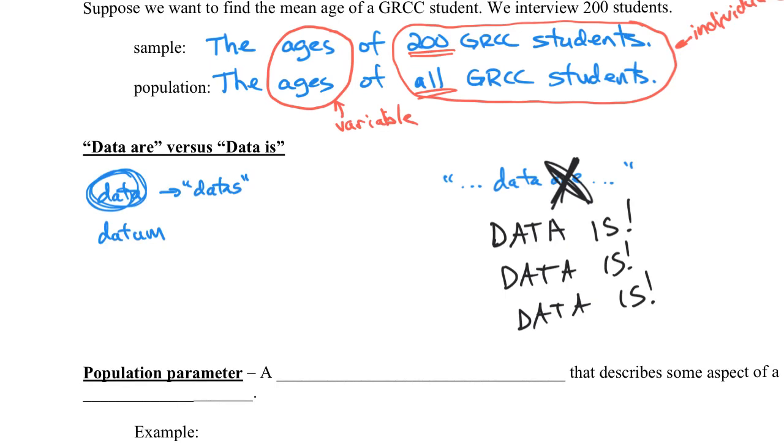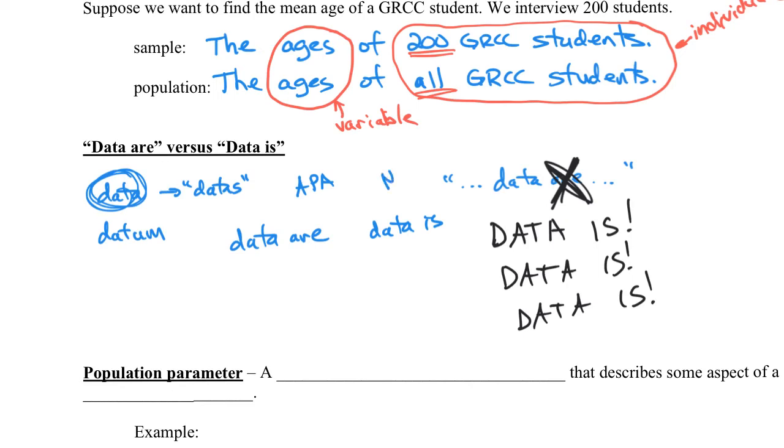So if you are on Team Data R, you can cite the APA Style Guide, which will say data are. But if you are on Team Data is, you have a powerful ally on your side also. I think it's the other one.